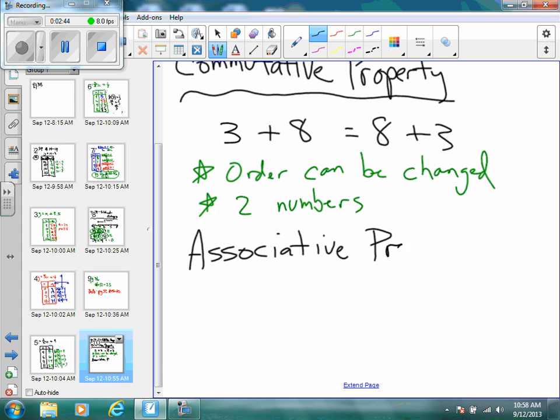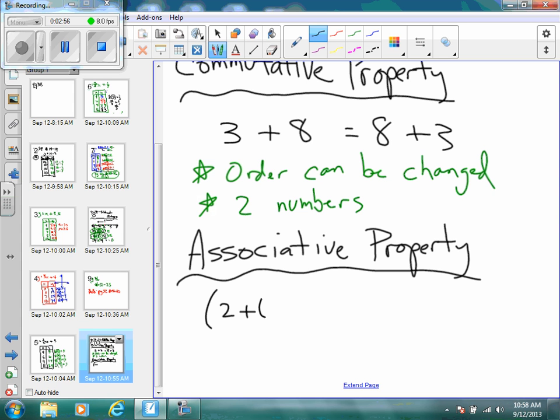The associative property of addition. The example they give for the associative property, 2 plus 6 plus 4, parentheses, 2 plus 6, plus 4, is going to be equal to 2 plus parentheses, 6 plus 4.